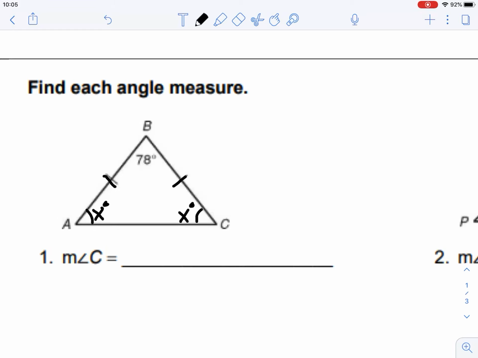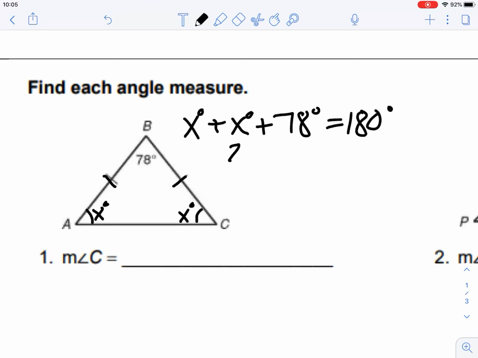Therefore, the value of x can be calculated by adding the three angles of the triangle, x plus x degrees, plus x degrees, plus 78 degrees is equal to 180 degrees. Combining like terms, 2x plus 78 equals 180.